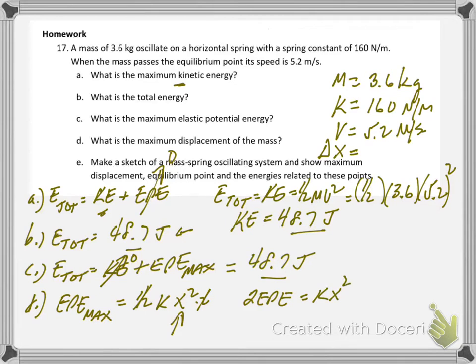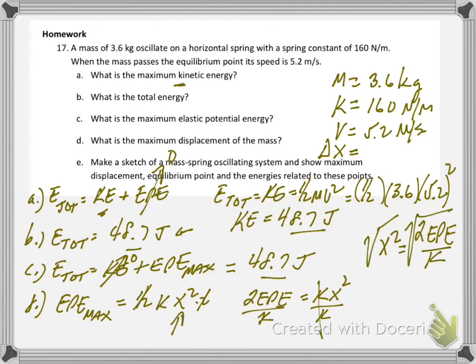We still don't have x by itself. x squared is multiplied by k, so we can divide both sides by k. And now we're left with x squared equals 2 EPE over k. Well, we have x squared, but we want x. So to get x by itself, we have to square root both sides.